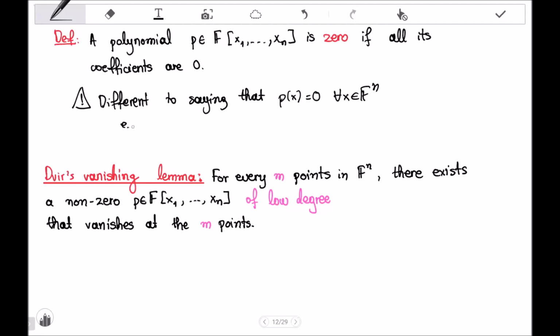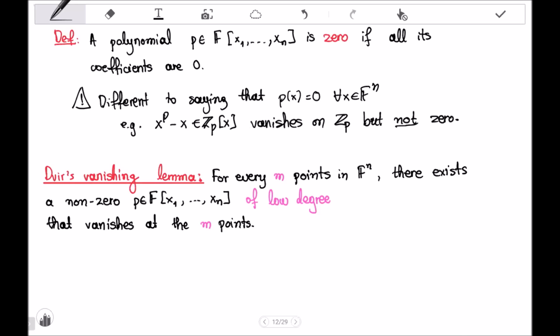For example, you can take the polynomial x to the p minus x in Z_p of x, a one variable polynomial. This vanishes everywhere on Z_p, but it's not the zero polynomial because its coefficients are not zero. Okay, so it is important to remember this.